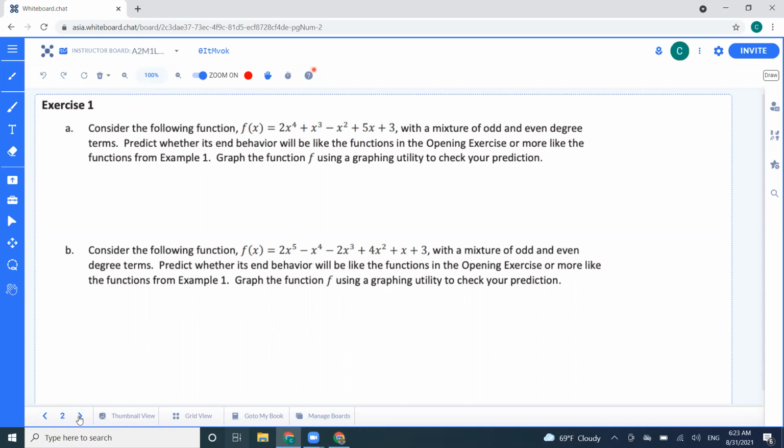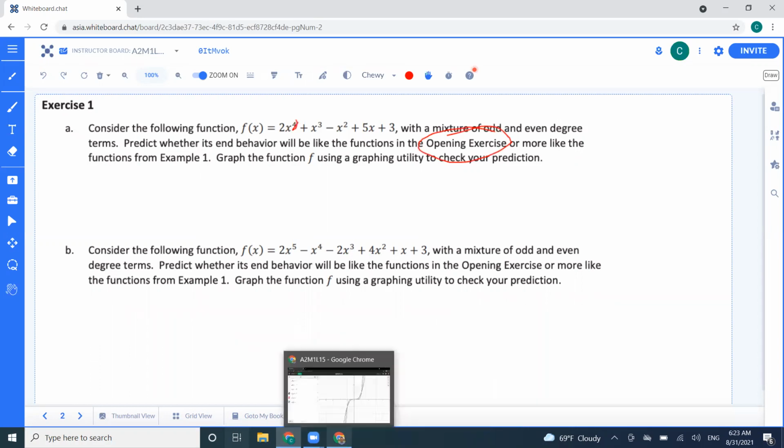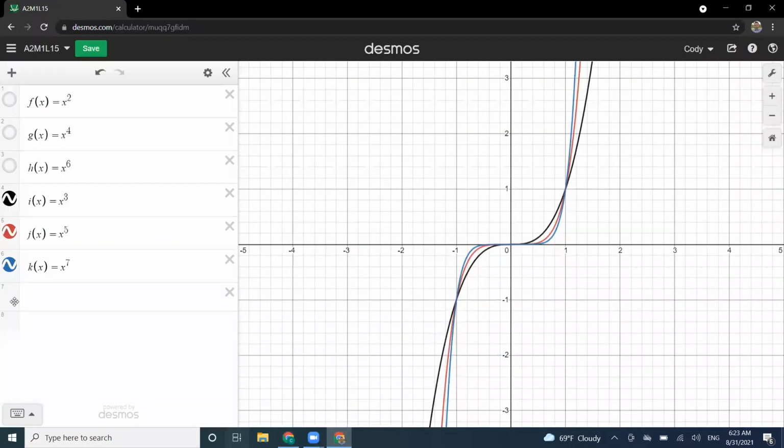So let's see if I can do that. I don't think I can copy and paste this. Nope. Okay. So my prediction is that it's going to be like the opening exercise because the highest degree is to the fourth, and that is an even. So let me go over here and graph that.